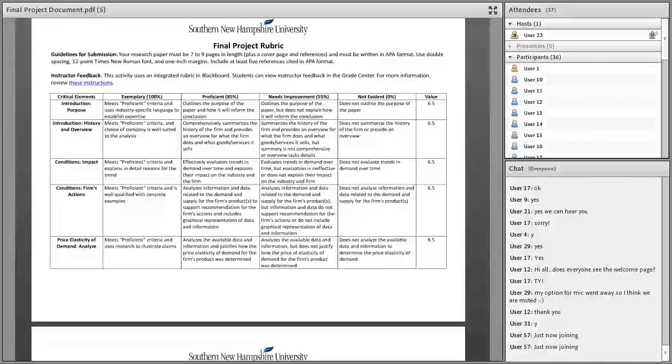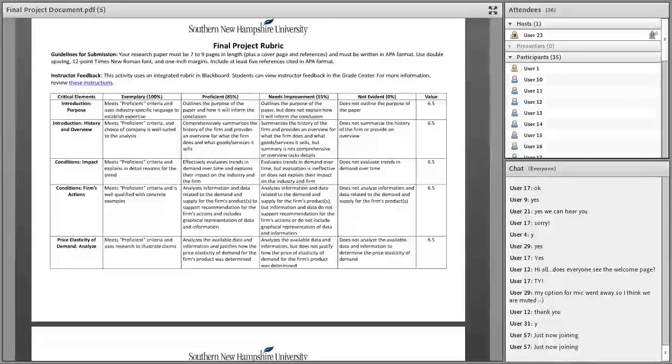So the Milestone One is pretty straightforward, and I think it's really important at this time that you establish that you are comfortable with the firm you have chosen. If you have not chosen a firm that is on the suggested list, then I would say it is really important that you do get approval from your instructor for that firm.